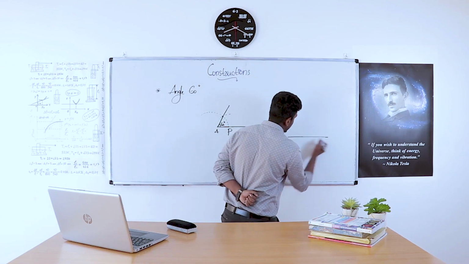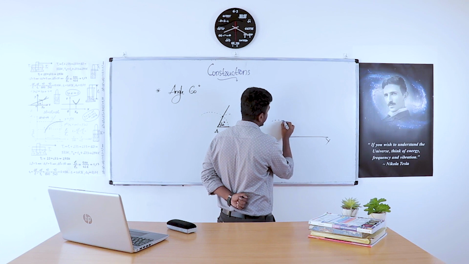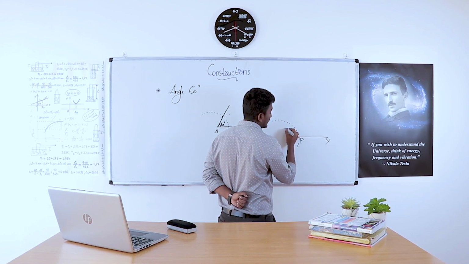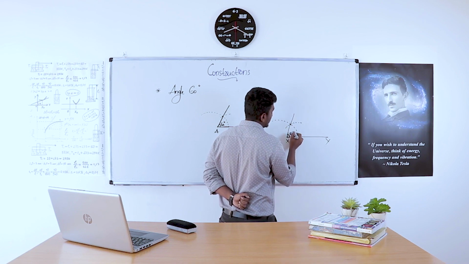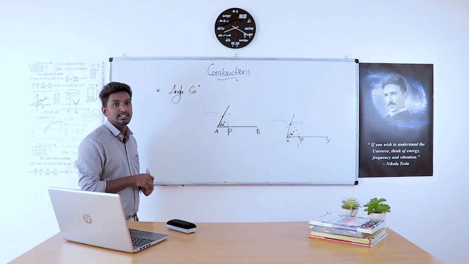Like this is our line segment, suppose it be XY. From X, draw an arc. And the arc meets the line segment at P. Then take the compass and fix it at P. Again draw an arc. Now these two arcs meet at a point, and when we join this, we got 60 degree. This is the steps of construction of angle 60 degree.